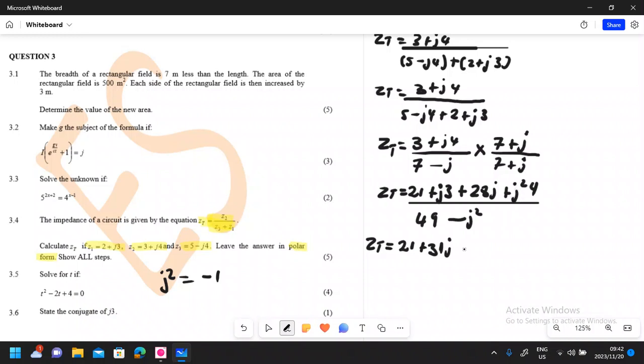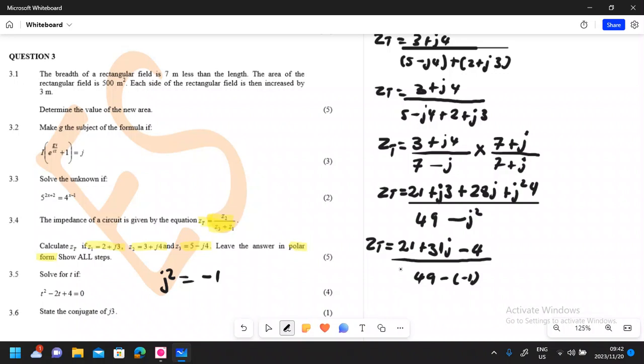So you can say minus, because we're going to have -1 multiplied by 4. So this is going to be minus 4. Then we divide them, and this is going to be 49 minus, and then what do we have here? -1. Okay, remember this is j squared, minus 1.